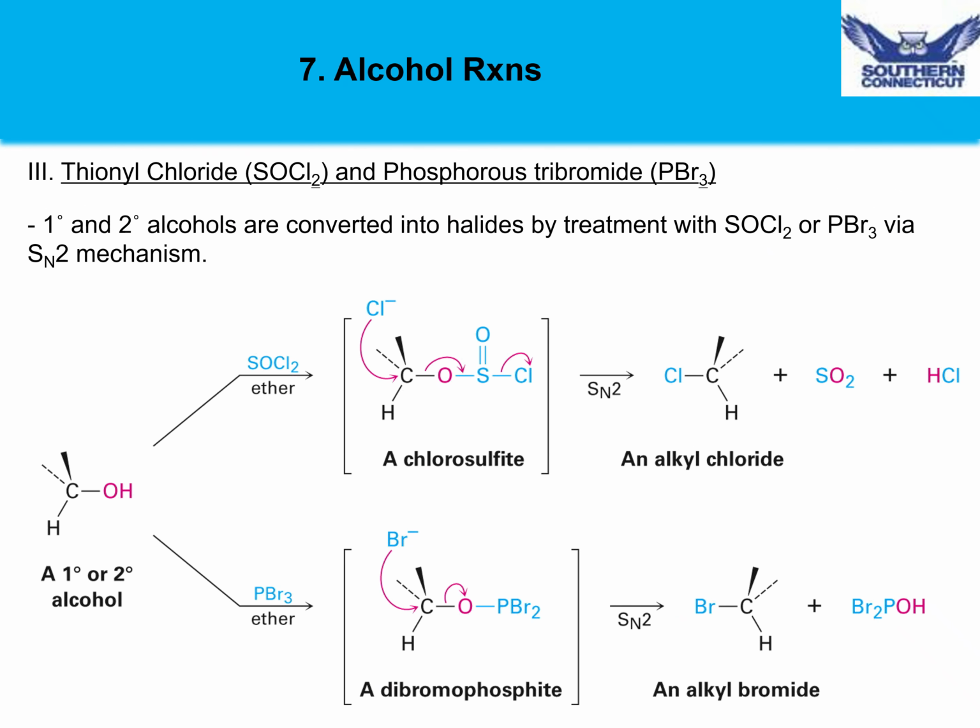Thionyl chloride and phosphorus tribromide can be used to convert alcohols into corresponding alkyl halides. This works well for primary and secondary alcohols.